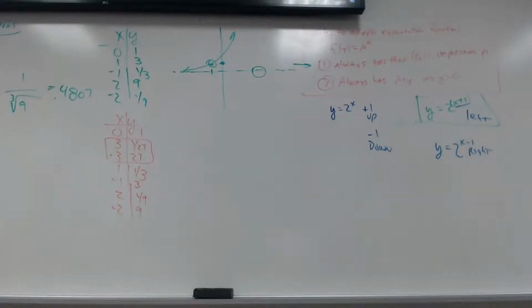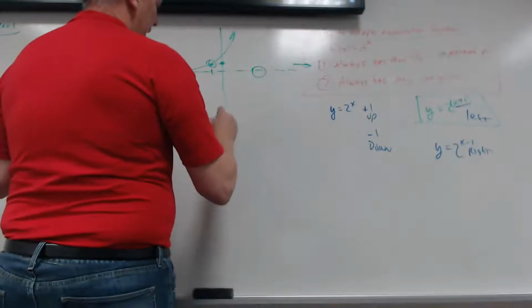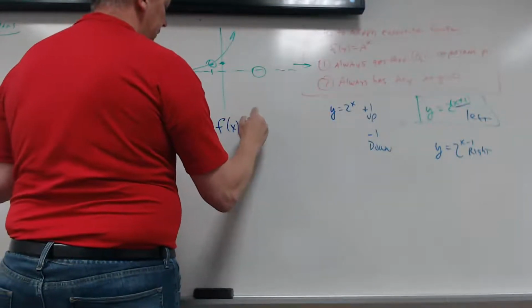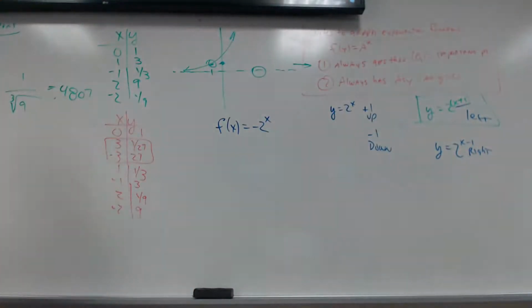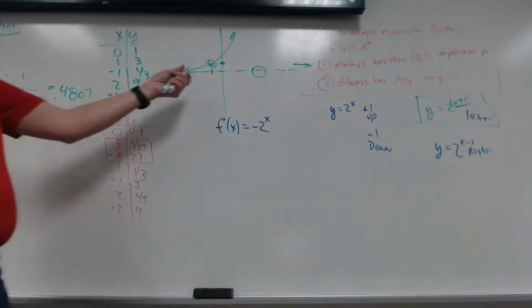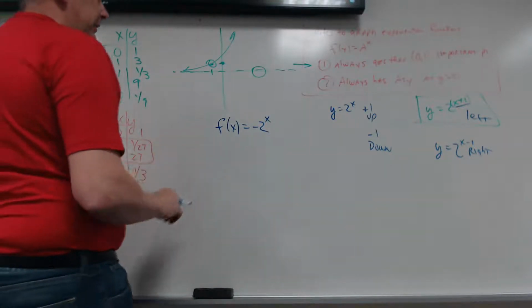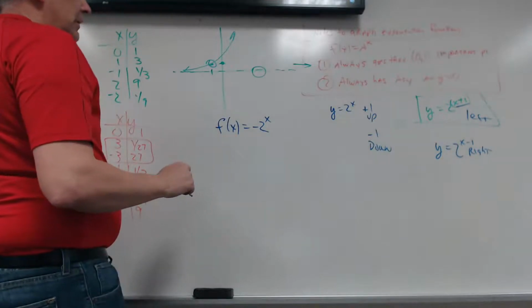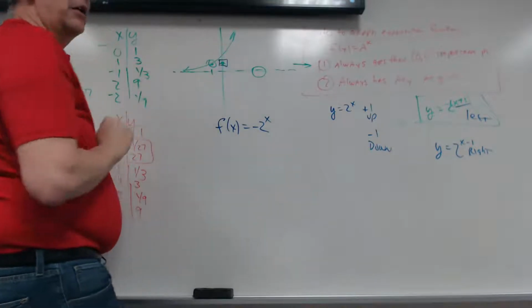How about f of x equals negative 2 to the x? What do you think that does, Michael? It'll be reflected over the x-axis. This is going to flip over the asymptote, basically, okay, which happens to be the x-axis in this place. Okay, so my important point was here, right? Now it's where?